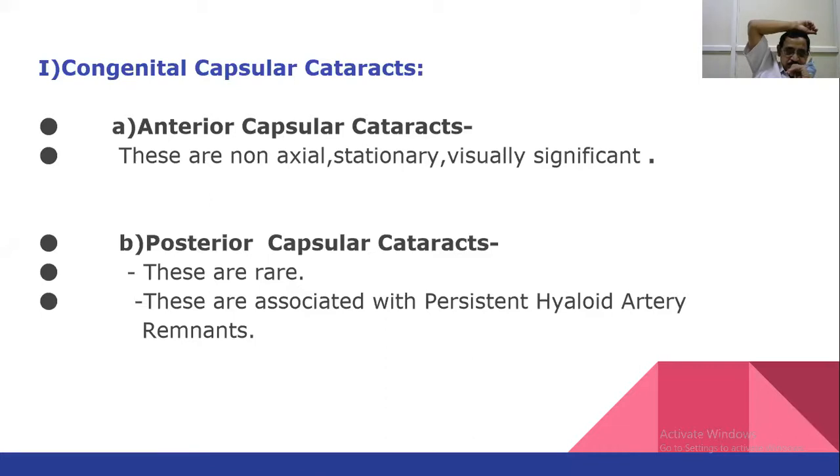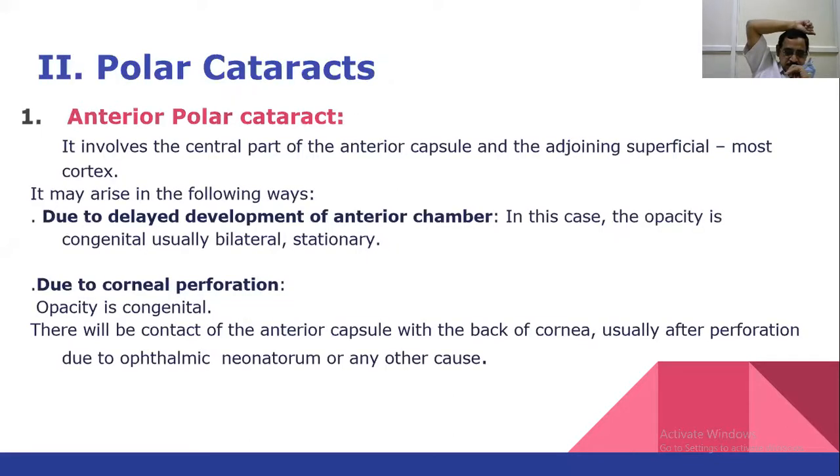So when cataracts occur in those capsules, we call them anterior capsular cataracts and posterior capsular cataracts. Anterior capsular cataracts are non-axial, stationary, and visually significant. Posterior capsular cataracts are very rare and are associated with persistent hyaloid artery remnants. Persistent hyaloid artery remnants, we can call them Mittendorf dots.